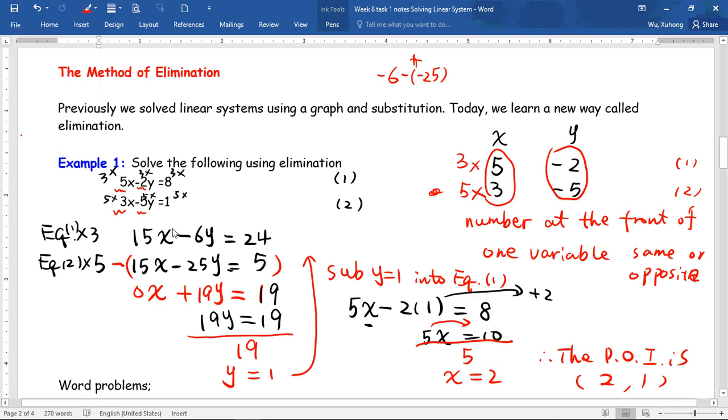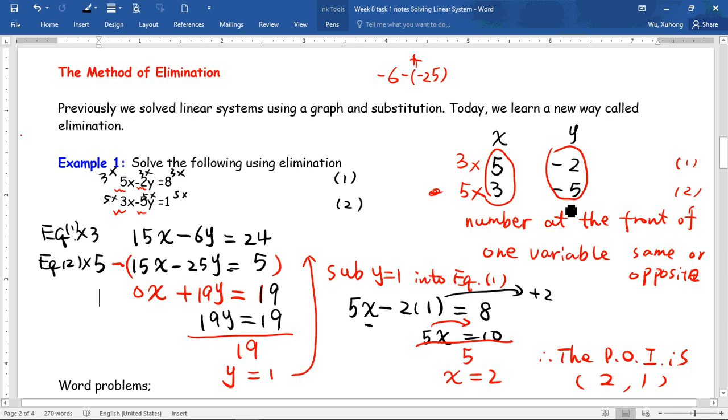And the elimination method is you focus on the number at front of the two variables. You pick one of it. You could pick y, then this one times 5, this one times 2 to make them negative 10, negative 10, then subtract. Okay? You could eliminate x or eliminate y.